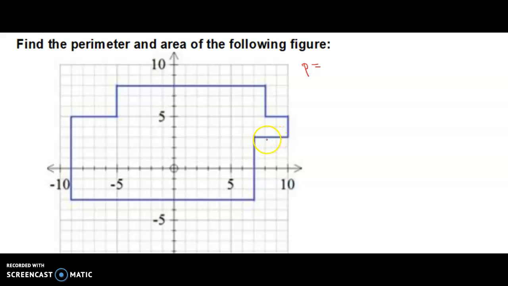So 1, 2, so this is 3, 2, this is 2, this is 3. If I count all these, this is 13. 3, 1, 2, 3, 4. Guys, once again, all I'm doing is counting. This is 8.